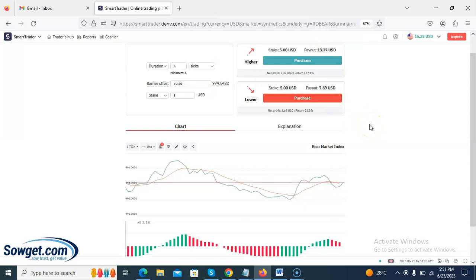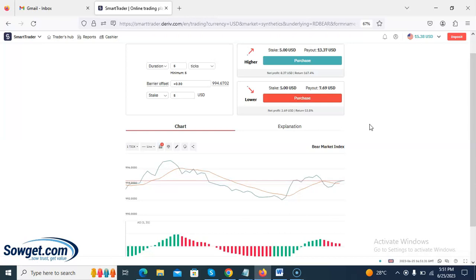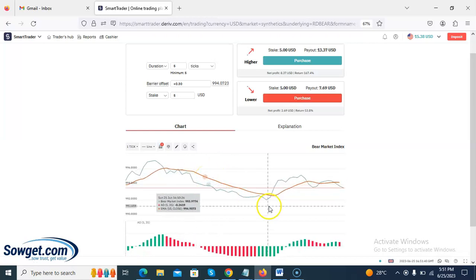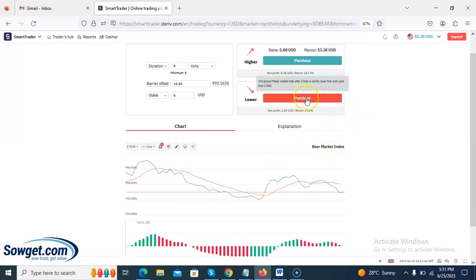Just make sure that the conditions are met. You can see this trade I took, this was the region of the trade. Once your moving average is above the market price and your awesome oscillator is below the zero number, then you can take the trade. Maybe we could take our third trade and call it a day.